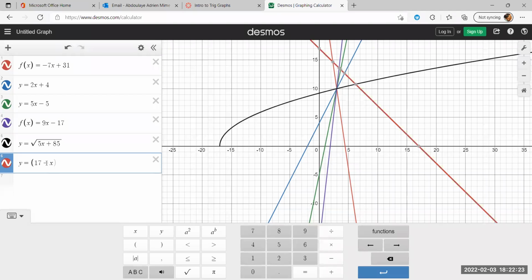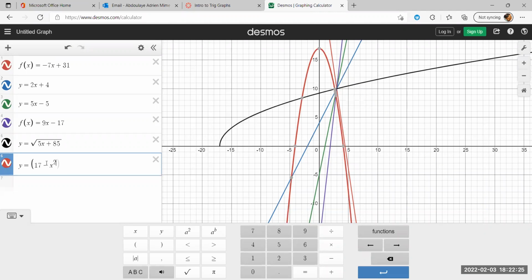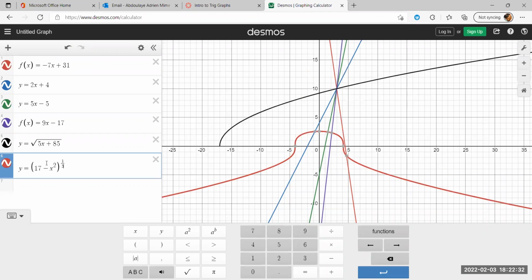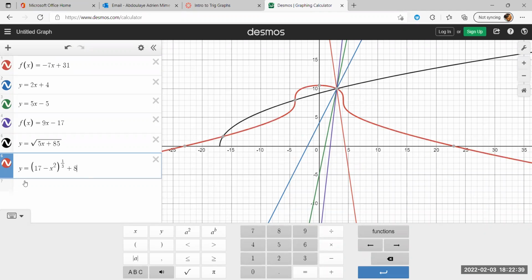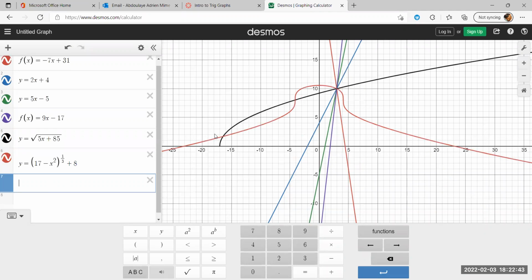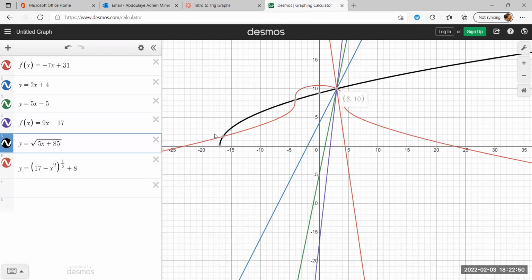So minus x squared, to the power of a third, and then we need to add 8. As you can see, this function that was given to us goes through the point 3, 10 as well. It's good to use Desmos because it helps you see exactly what we've done.